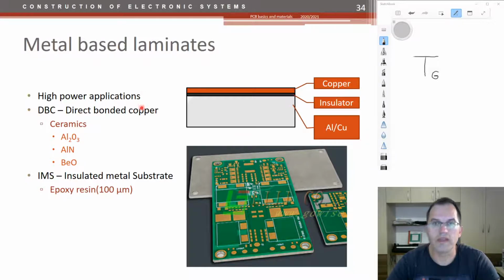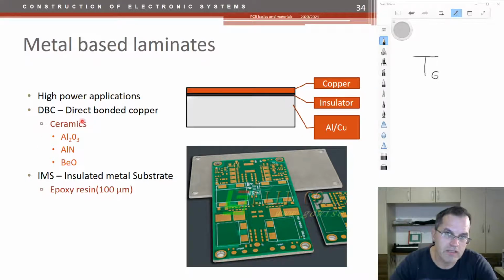There are 2 main groups of these materials regarding this insulation. First is direct bonded copper, which has ceramics as an insulation layer here, and the other is insulated metal substrate, or IMS, where the insulator is actually the epoxy resin as in normal FR4.